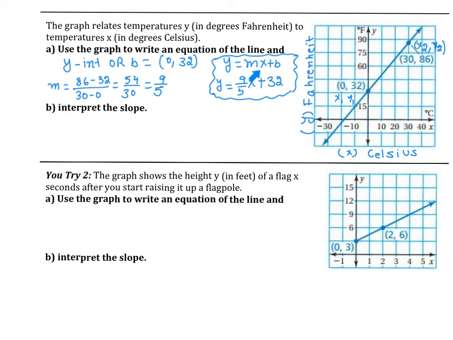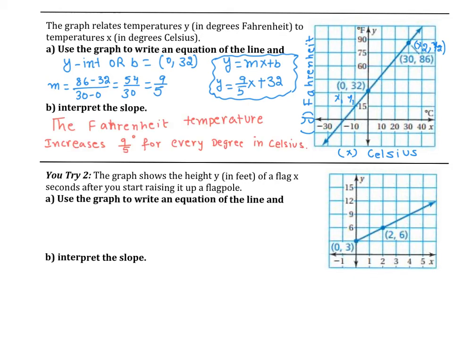You plug it into the equation y equals mx plus b, where m is 9 over 5 and b is 32. So the equation is y equals 9 over 5x plus 32. The interpretation of the slope is that the Fahrenheit temperature increases 9 divided by 5 degrees for every degree in Celsius.